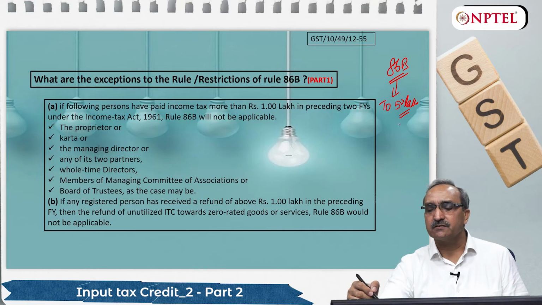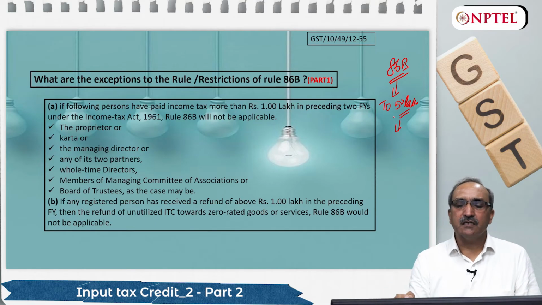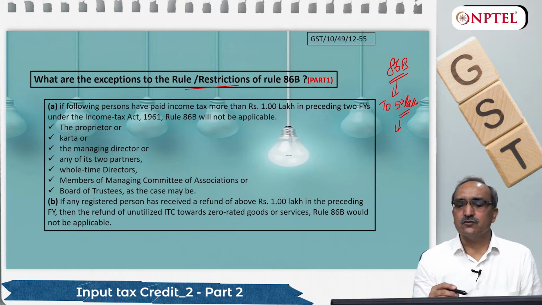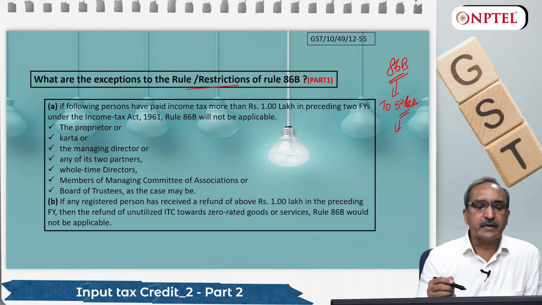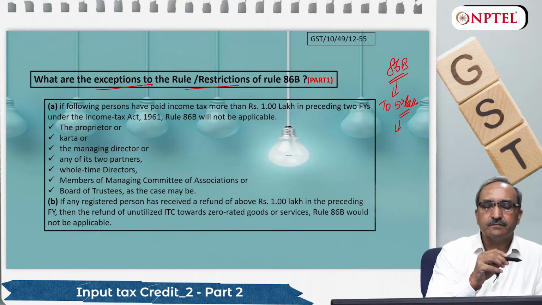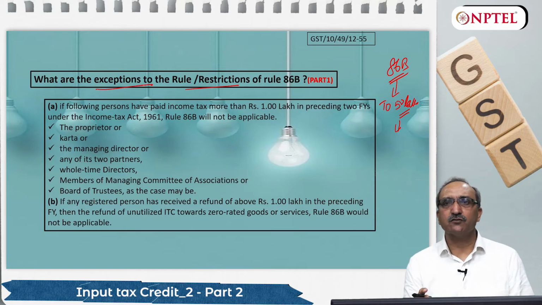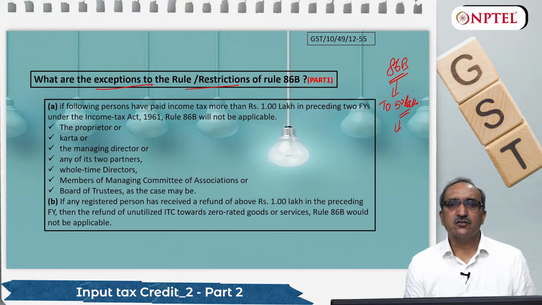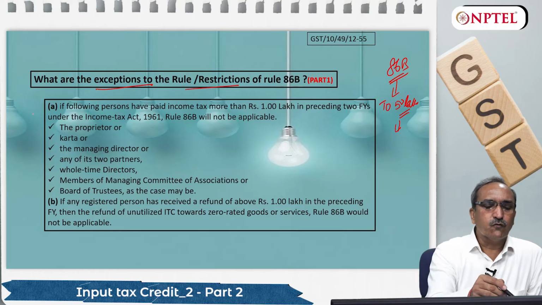This rule further says the restriction of rule 86B is not applicable to the following class of people.